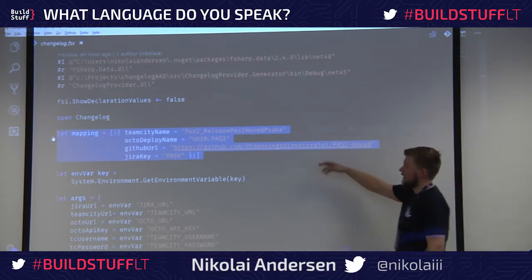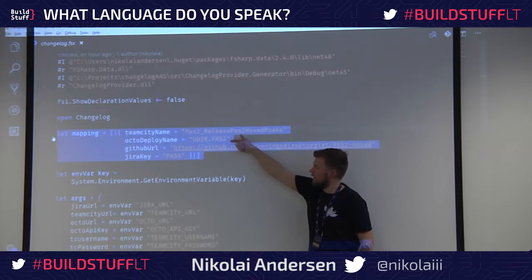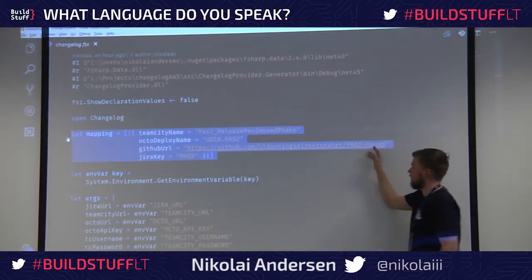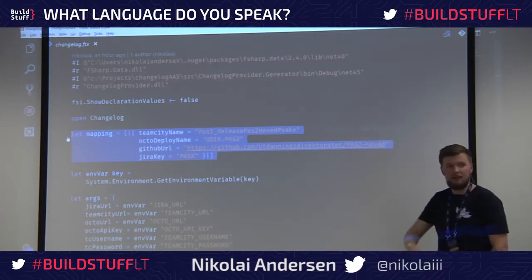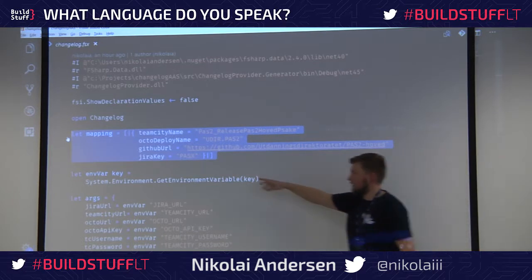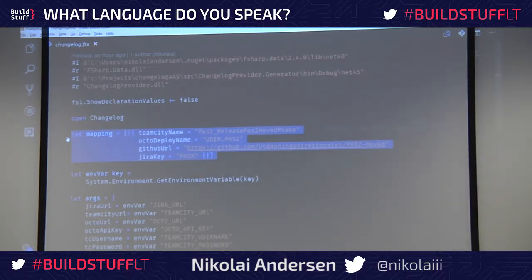The master build that makes the artifact maps to the deploy name in Octopus Deploy. I add the GitHub URL to the repo, so I can link easily to GitHub, and a Jira key that we should parse for.